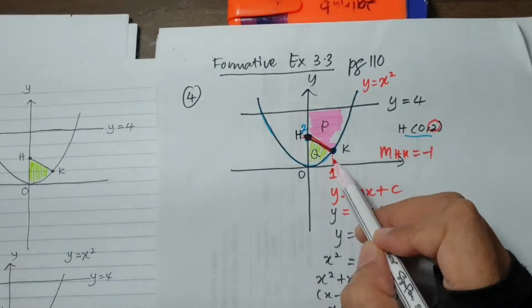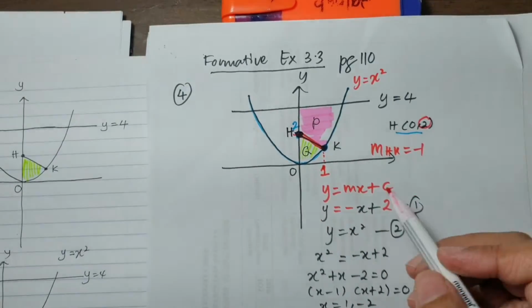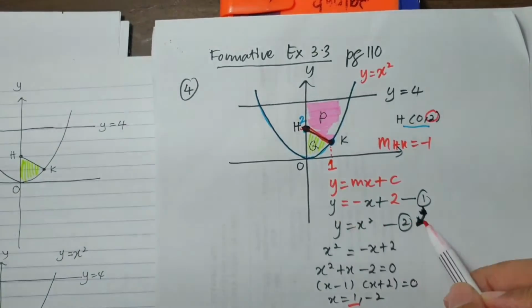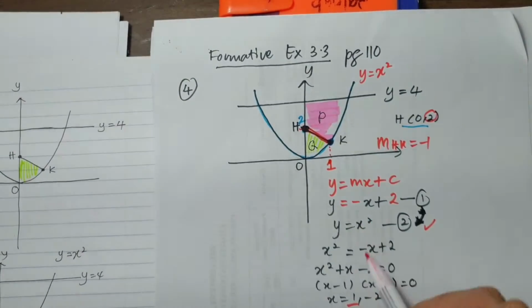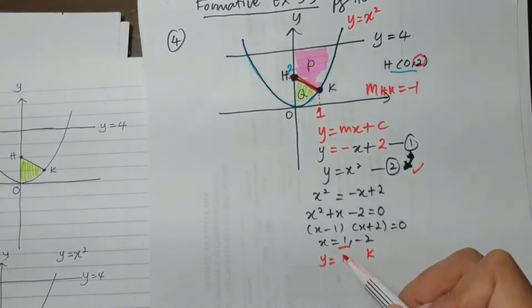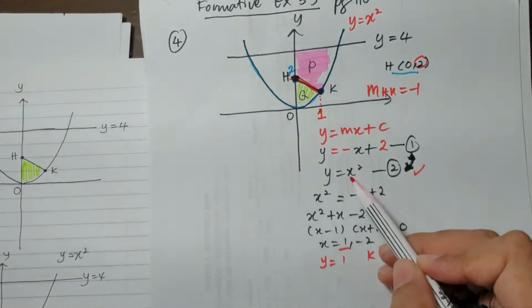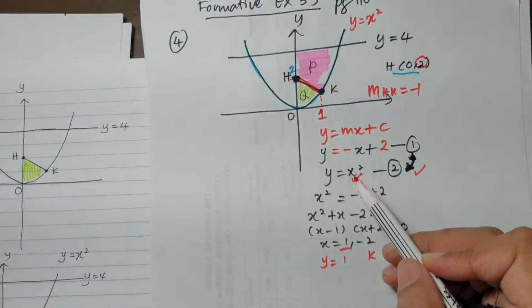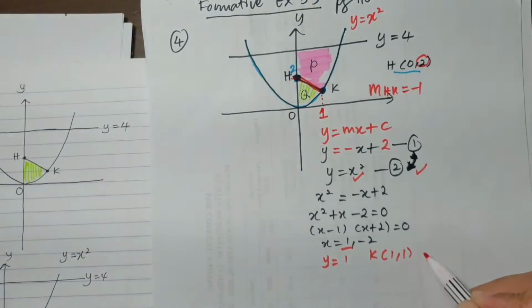So K has x coordinate 1. If x is 1, substitute in this equation, so y is also 1, since 1 squared is 1. So the point K is (1, 1), done.